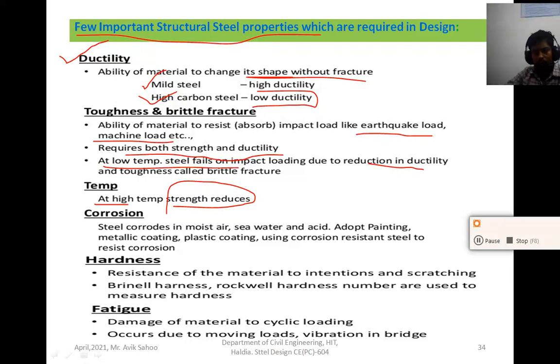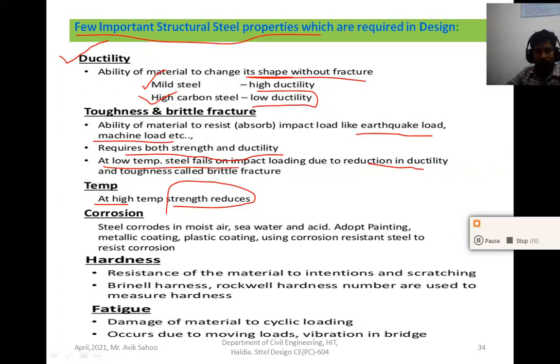So regular painting is required to prevent corrosion, and so this maintenance is required.